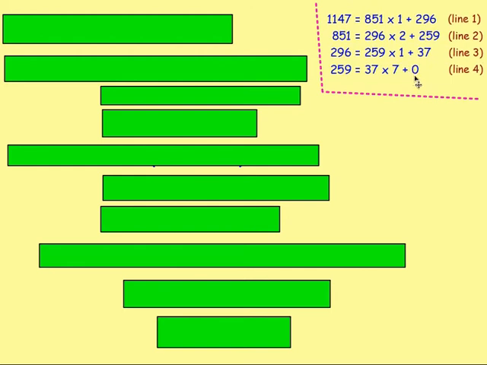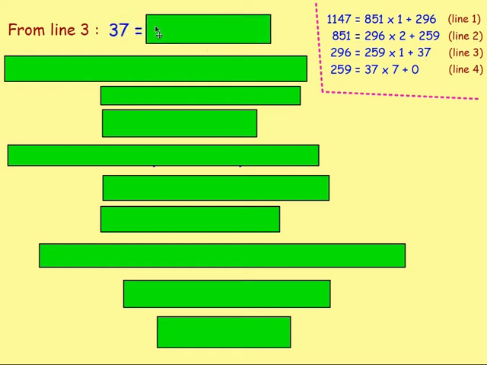And what we do is we take the greatest common divisor from line 3. So using line 3, we want the greatest common divisor of 37 to be 37 equals, and we want to find what it's equal to. Well, to get the 37 on its own, we would have to subtract that 259 times 1 from both sides.